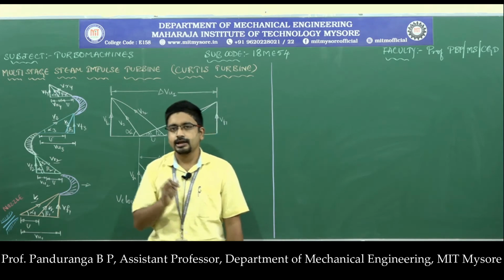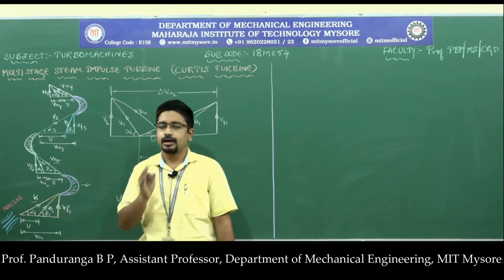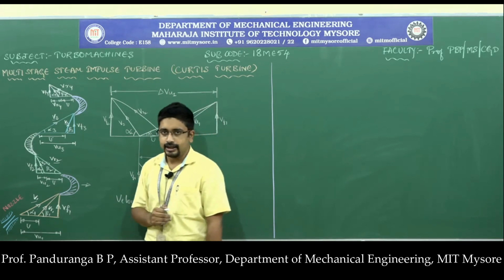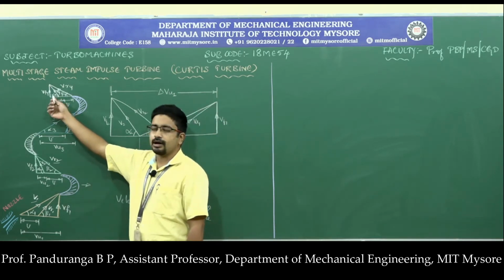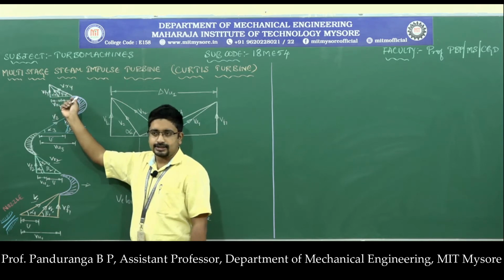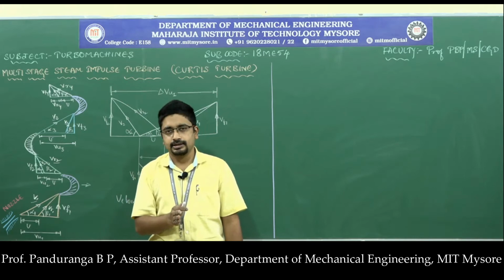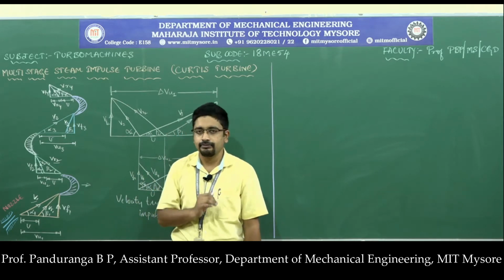whenever you are designing the Curtis turbine, if you want to achieve optimum energy utilization, then when the steam comes out of the second stage of the moving blade, the steam should be axial in direction or it should have minimum velocity.